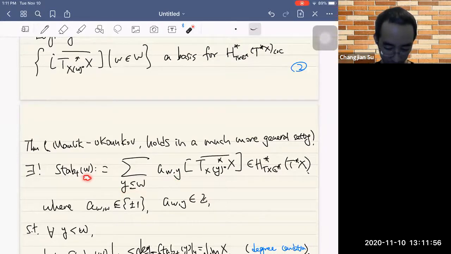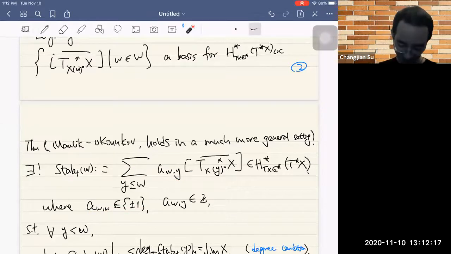If you start with w, then we only sum over those y which are smaller or equal than w under the Bruhat order. These coefficients are integers, and moreover we can control the leading coefficients. The leading coefficient is determined; it is either 1 or -1. Let me not write down the precise formula for this. Anyway, it can be fixed.